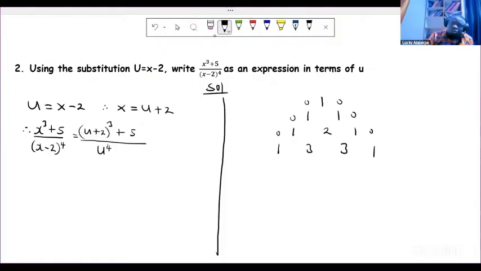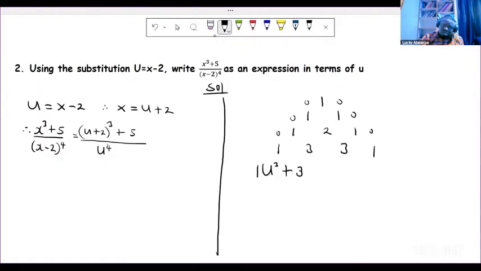And how will it work? As u will take the highest power of 3, the coefficient is 1. Then plus, since everything is positive. If it was negative, it will be positive, negative, positive, negative. It will be alternating. So here we have 3.